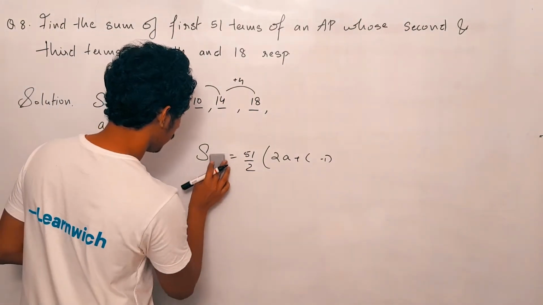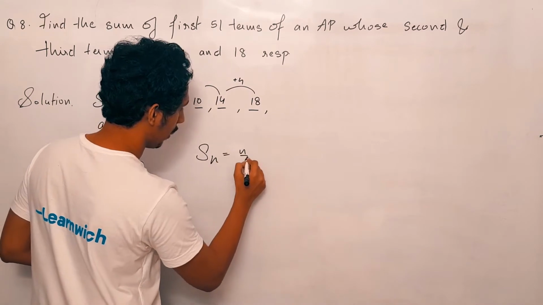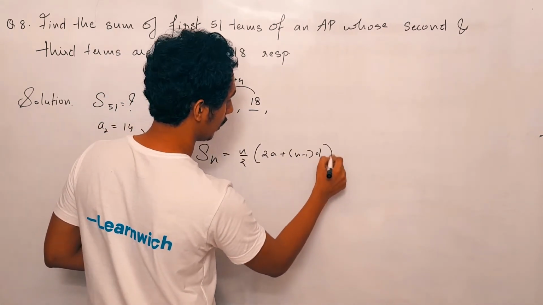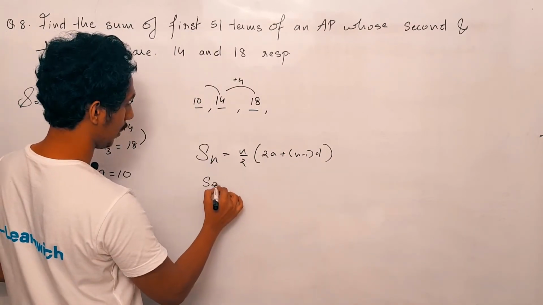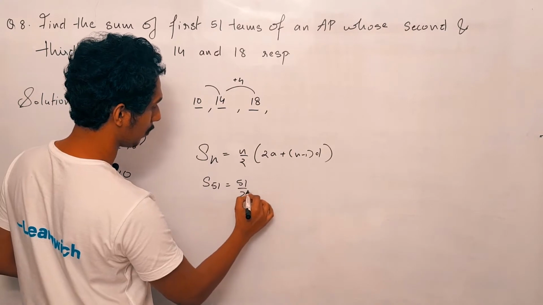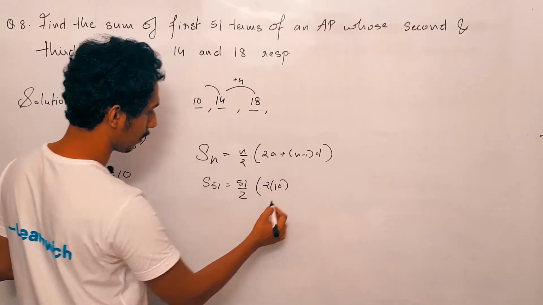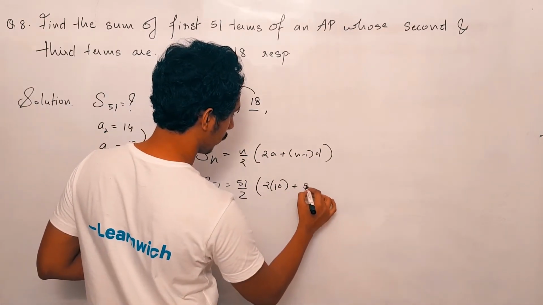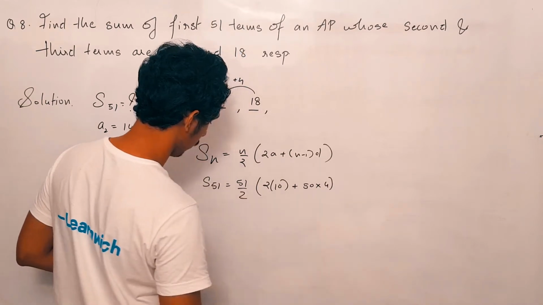Sn is equal to n by 2 into 2a plus n minus 1 d. So S51 is equal to 51 by 2 into 2 times a. What is a? a is 10, plus 51 minus 1 is 50, into how much is d? d is 4.